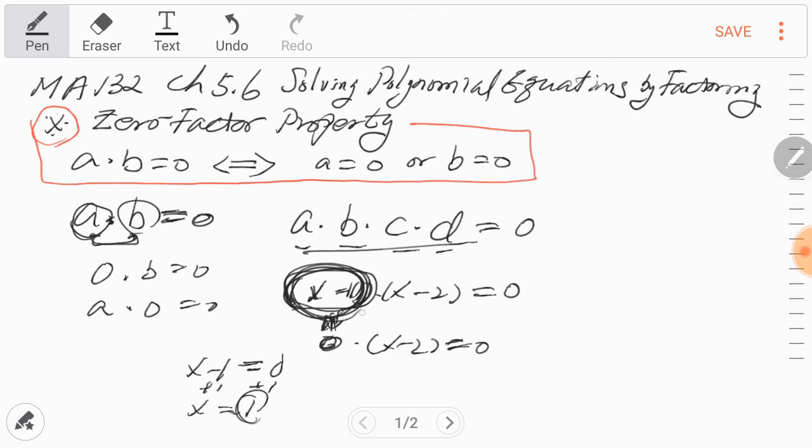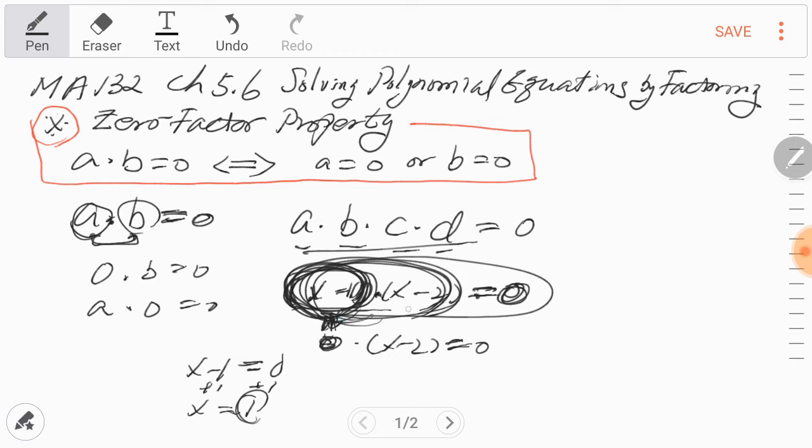So when we solve an equation, if one side of the equation is 0, and the other side of the equation is a product, not addition or subtraction, then we can set each factor to 0.